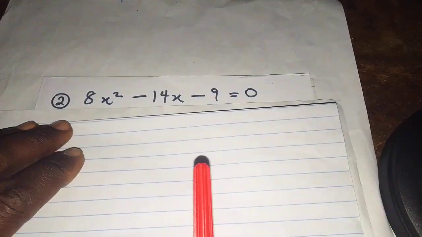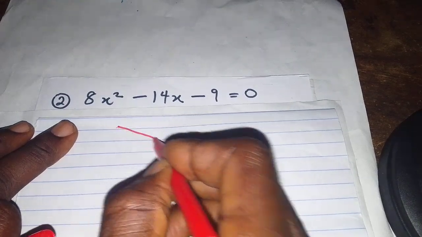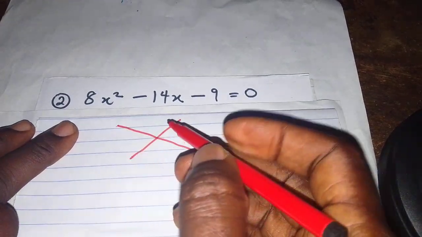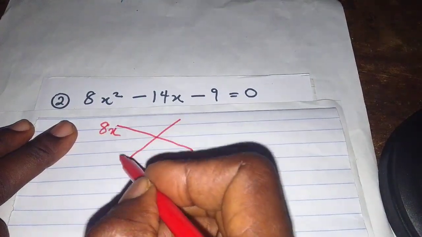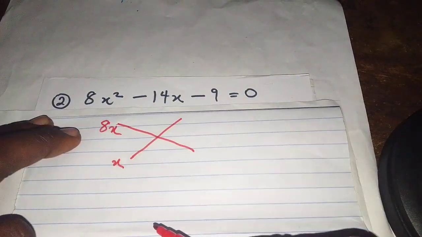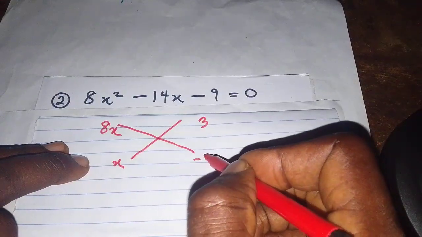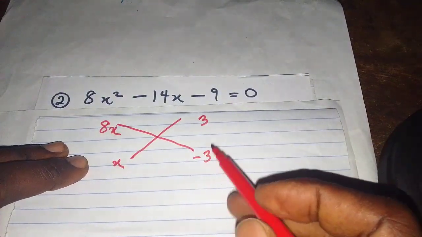So let's think of what we multiply together that will give us 8x squared. So you cross your lines. Let's say 8x times x will give us 8x squared. Then 3 times minus 3 will give us minus 9.